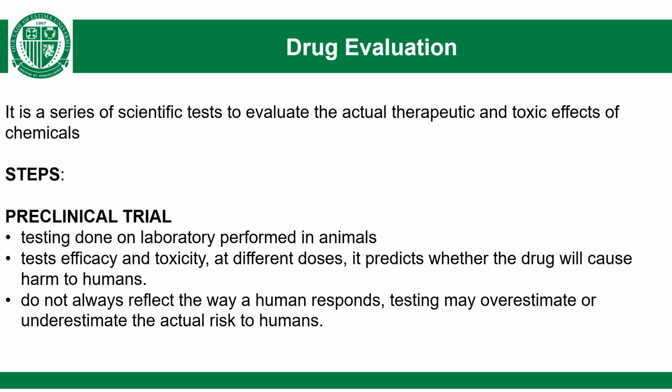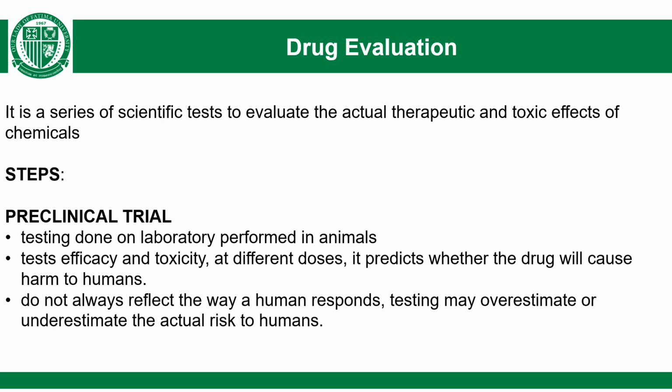We start with the preclinical trial wherein testing is done on different animals. They would note the toxicity, the different doses that they would test out, and the prediction on the effects of the drugs on humans. Also, it will reflect human response on the drugs.